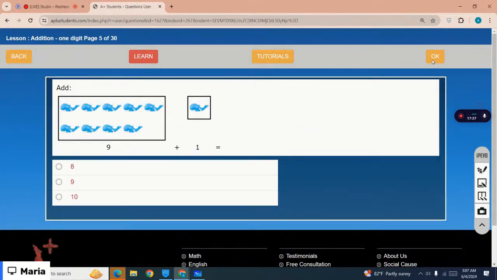Nine plus 1 equals? Yes, the correct option is 10. 9 plus 1 equals 10.